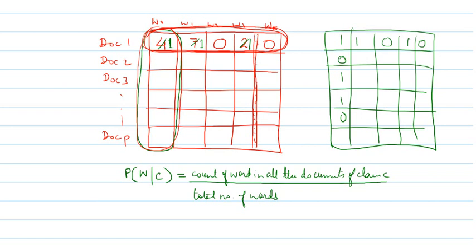So Bernoulli is the fraction of documents of class C that contain the term T, and multinomial is the fraction of tokens of class C that contain the term T. In this way we are looking at the fraction of documents, and in this way we are looking at the fraction of tokens, or collection of words.